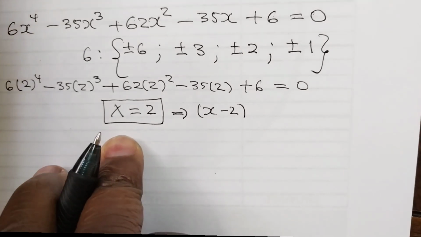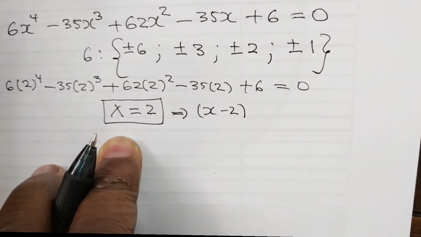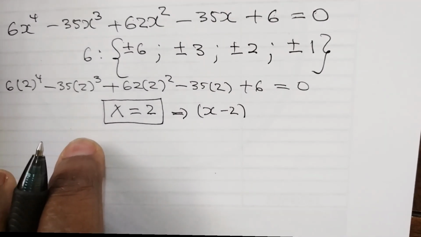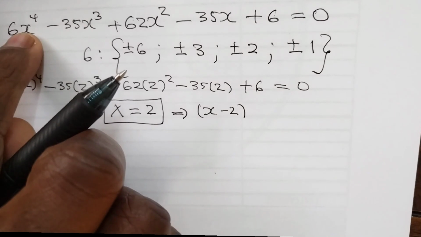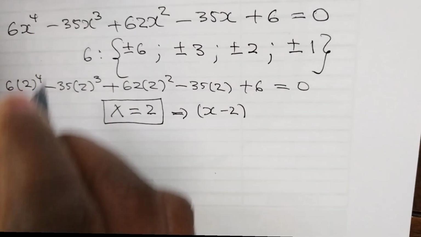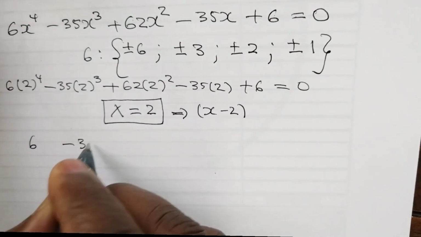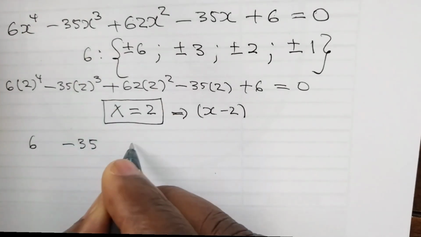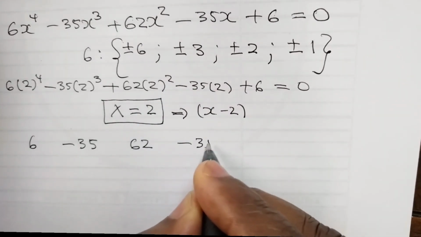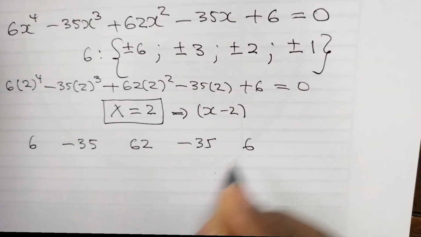I would repeat the same method that we used. We're going to list all the coefficients of the equation. The first coefficient is 6. The second one is minus 35. The following one is positive 62, followed by minus 35, and last we have 6.